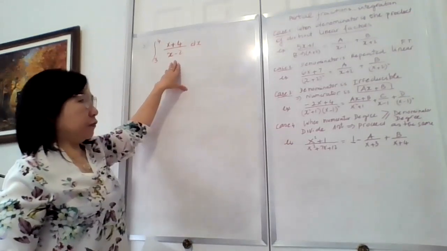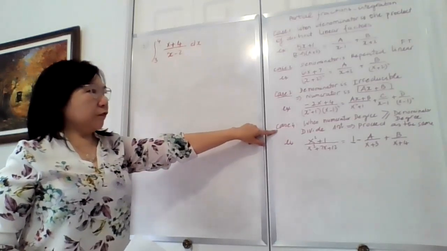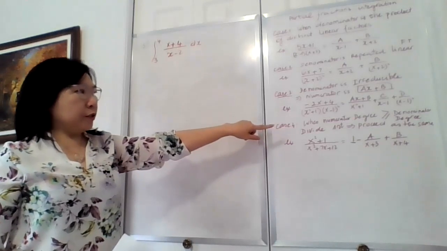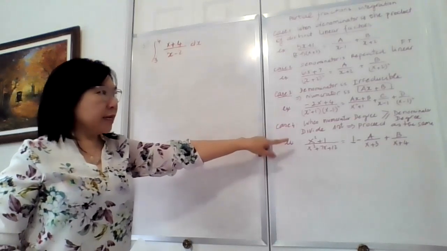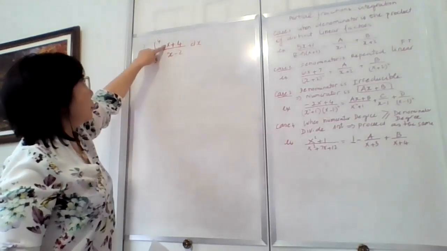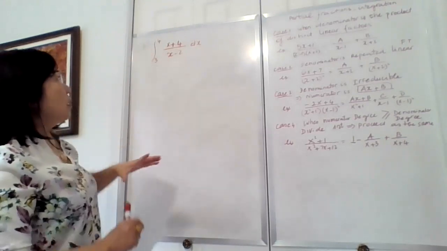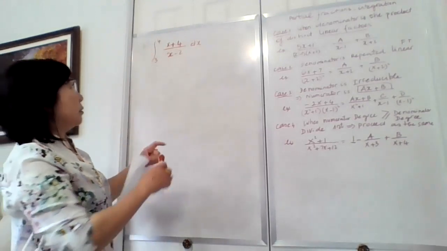But the only difference is, if you remember case 4, it says when the numerator degree is the same as the denominator. So here, this is x to the power 1, x to the power 1. They are the same degree, they are equal. Then we have to use division.